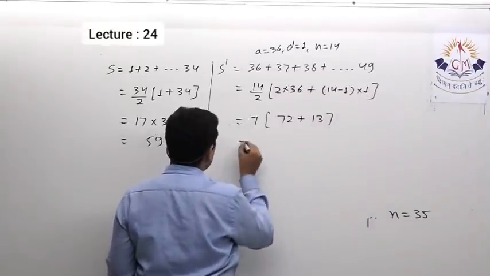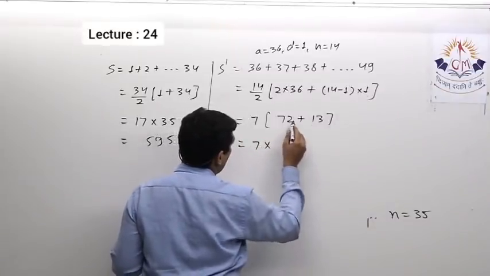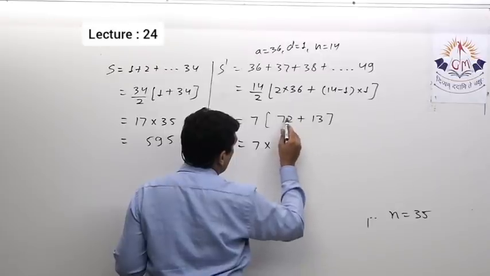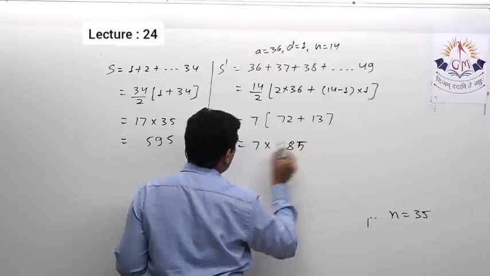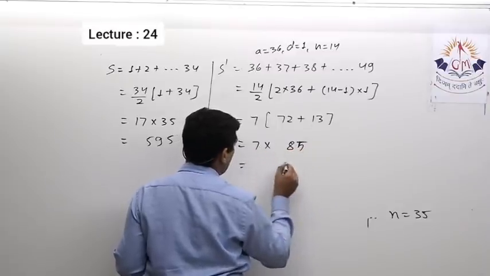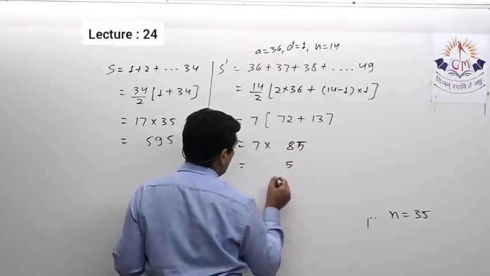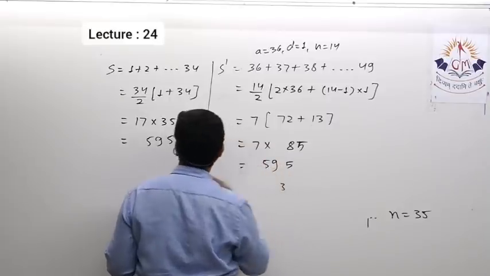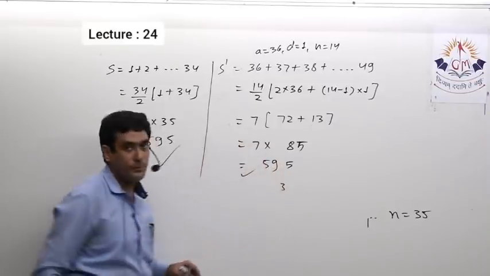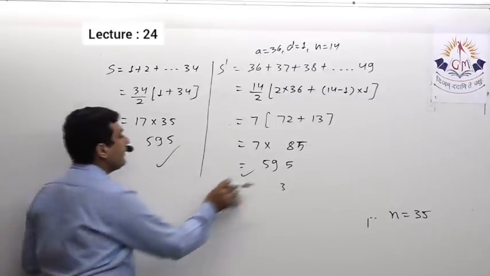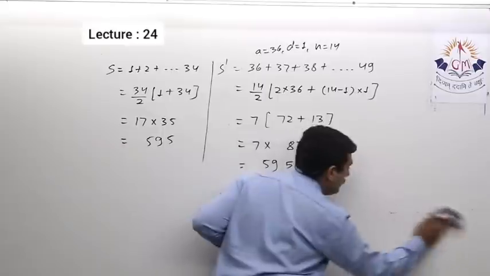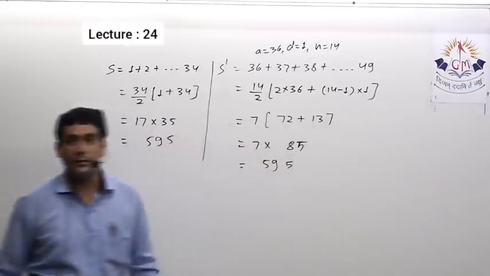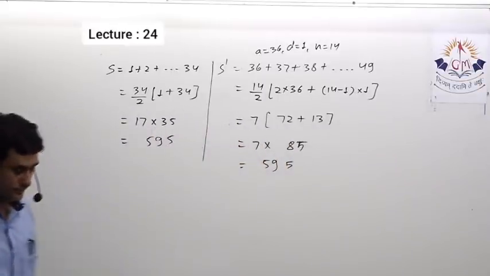So here we will get 7 multiplied by 85, that is 595. You can see the sum is same. Okay, so we cross verified our answer in short. If you want to note it down, have a note, then we'll see the next question.